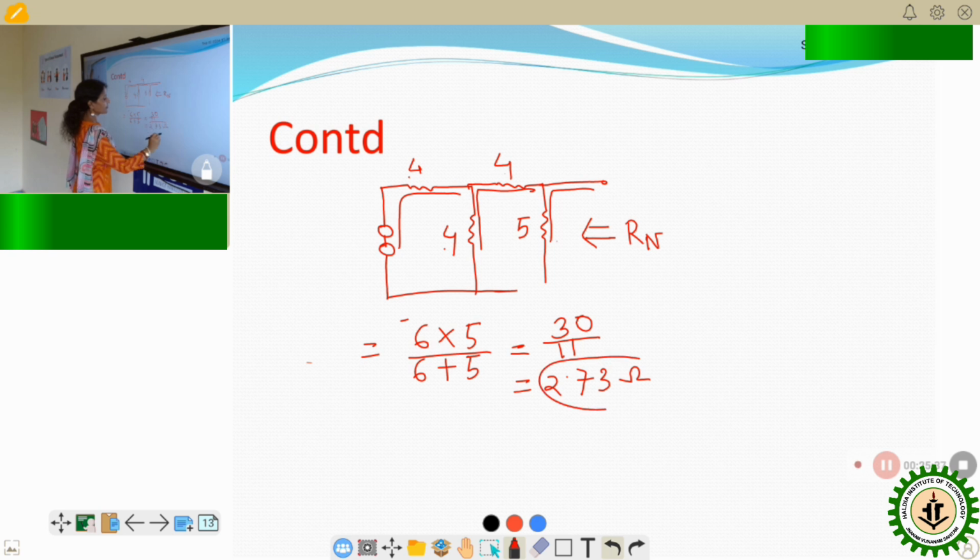And this is RN. So after calculating RN, draw the Norton's equivalent circuit.